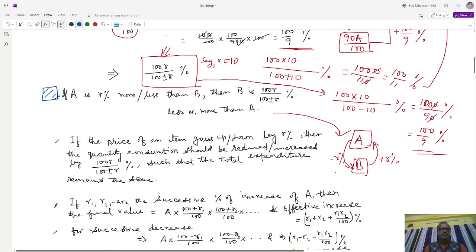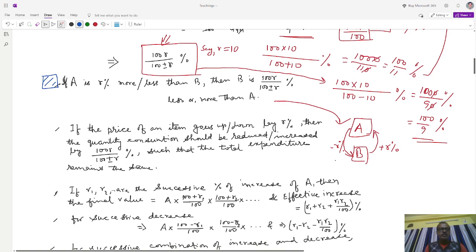And also see here, if the price of an item goes up or down by R%, then the quantity consumption should be reduced or increased by 100R by 100 plus or minus R% such that the total expenditure remains the same.